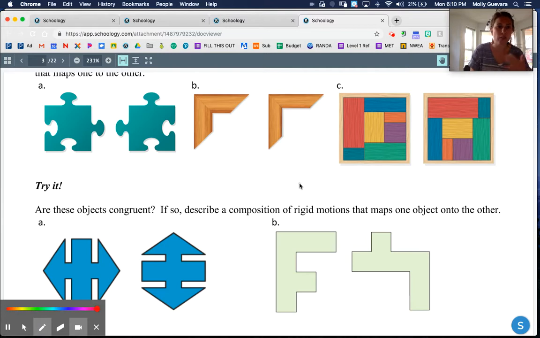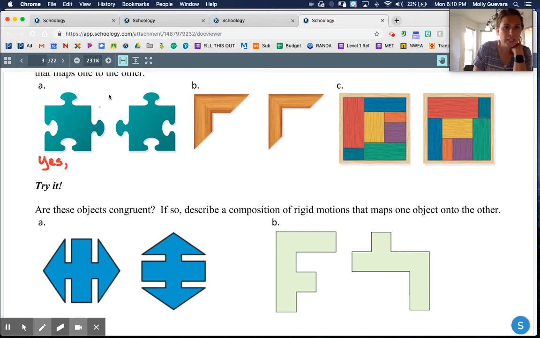Okay, so for A, here I see that the shapes are congruent, right? They are the same shape. So yes, they are congruent. And I see that if I reflect it over that vertical line, let's call that line A, right? A reflection over line A would be my rigid motion. That would get this shape onto this shape.